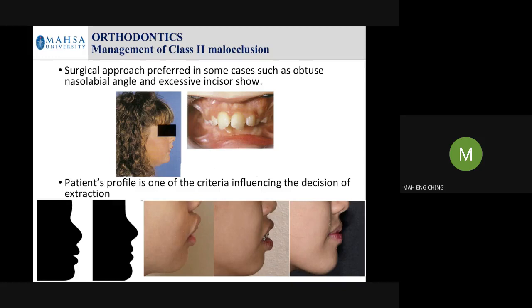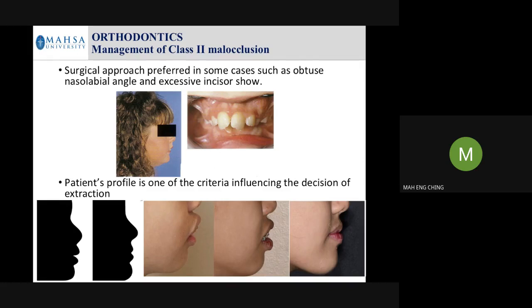So patient profile is one of the criteria influencing the decision of extraction. Sometimes in class 2 division 1, when you look at the lip profile or the facial profile, let's say you look at the left picture, this patient has a protrusive lip, meaning the upper and lower lip are sticking out too much. Then usually we end up taking out some premolars, then pushing the upper and lower incisors backward.